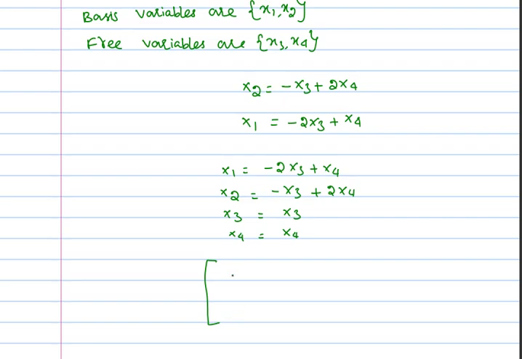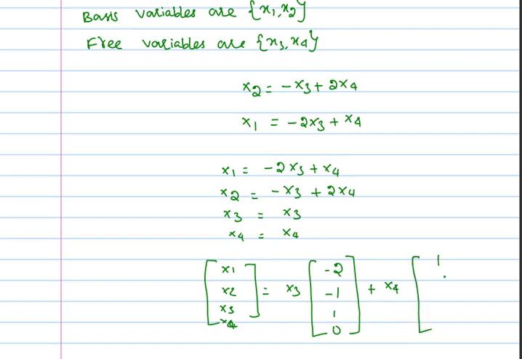So I will write it in vector form: x1, x2, x3, x4 equals, taking x3 and x4 common, the x3 coefficient is minus 2, minus 1, 1, 0, plus x4 times 1, 2, 0, 1. So these two are the basis of the null space.